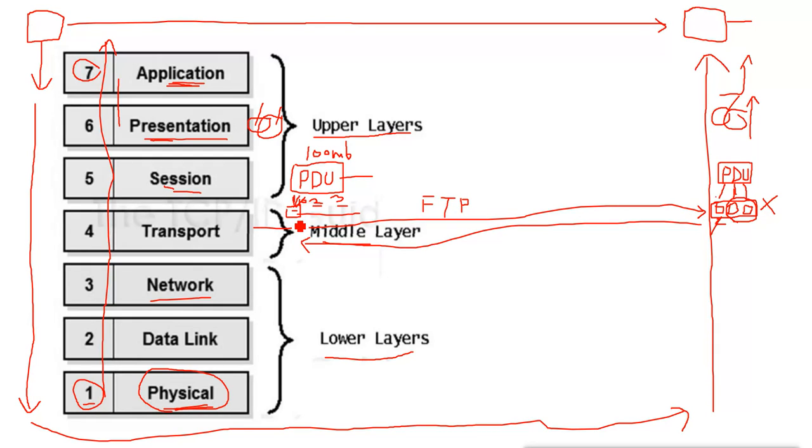Now these packets are going one by one to the network layer. Not all of them, one by one. And then we can say this is a PDU, one of those 100 PDUs.